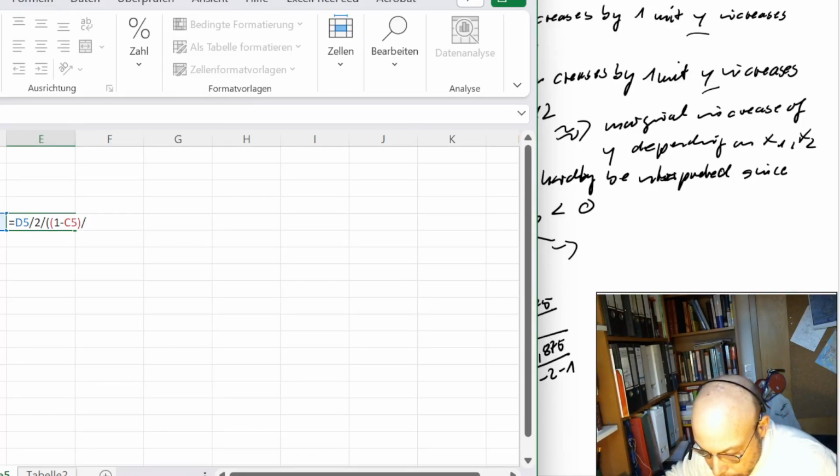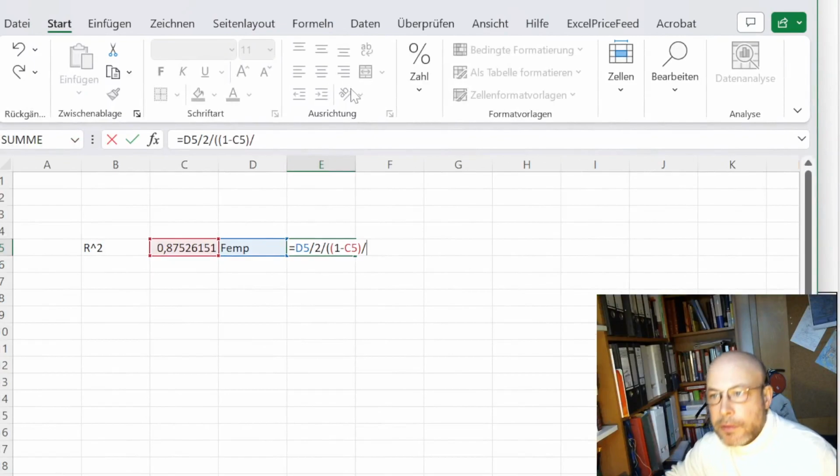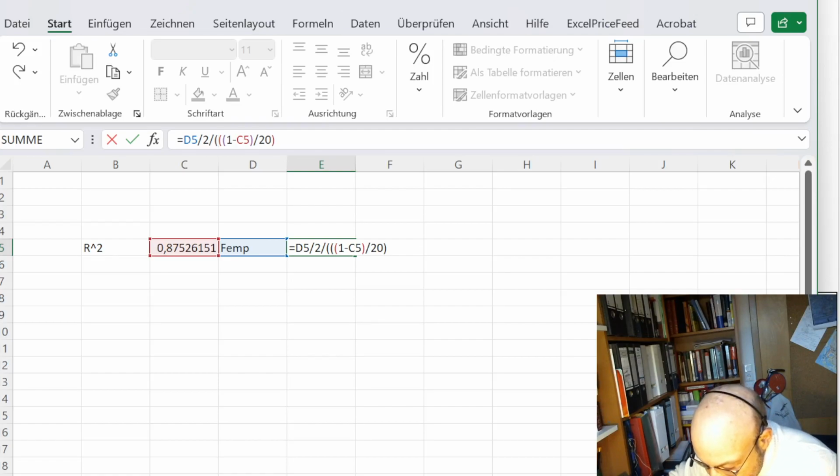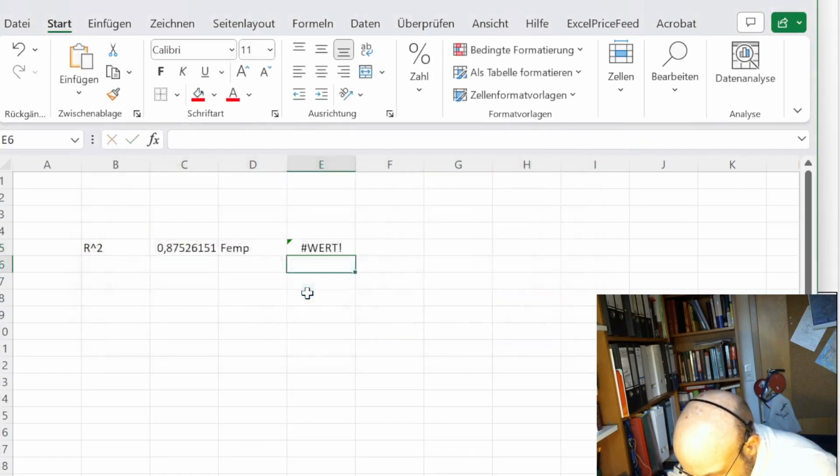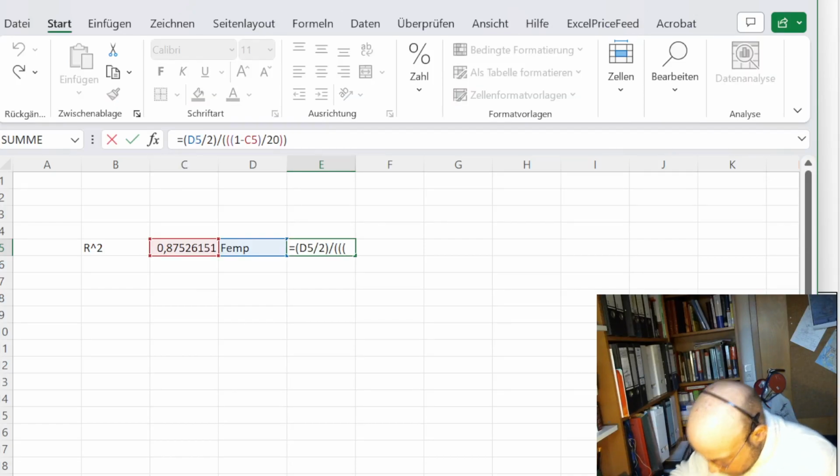23 minus 2 minus 1 is 20. And then I have to choose here all the right brackets. Hopefully this will work. So, this has to be C5.